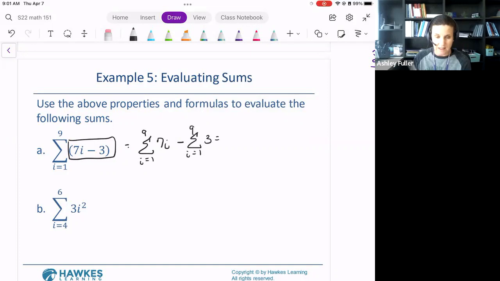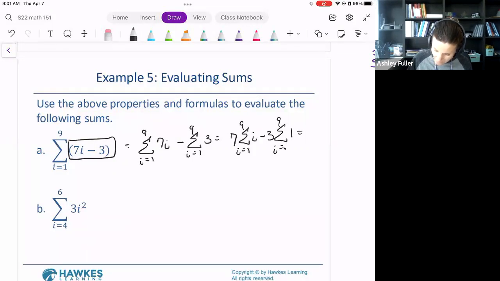Because that 7 is a constant, I can pull that out and I get 7 times the sum of i minus 3 times the sum of 1. Again, I'm pulling out that 3.